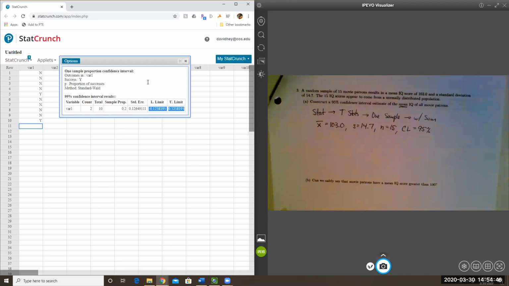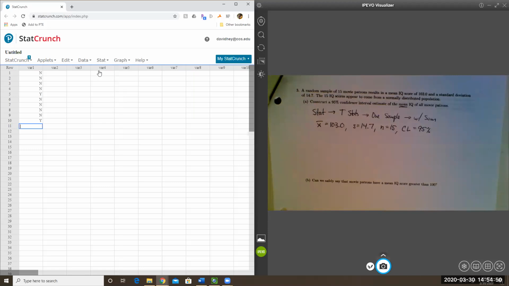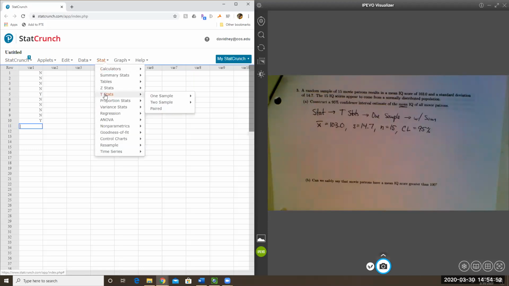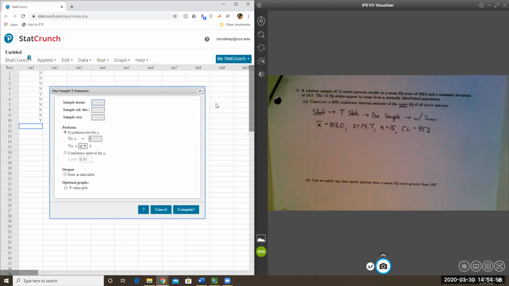Okay, let's go to Statcrunch, see what we get. We're going to go to stat, t-stats, one sample with summary. Okay, sample mean is 103, standard deviation, sample size, and we want a 95% confidence interval.